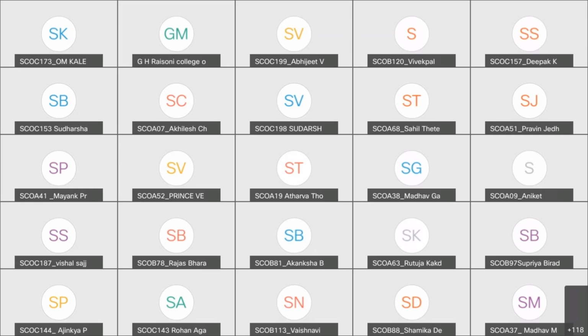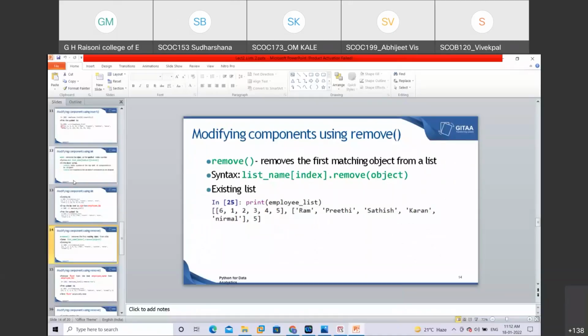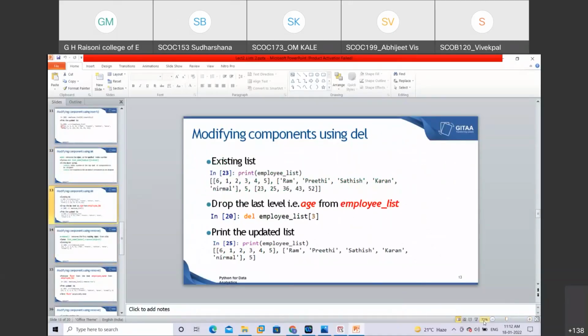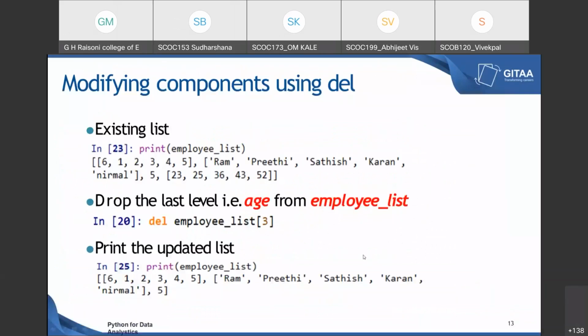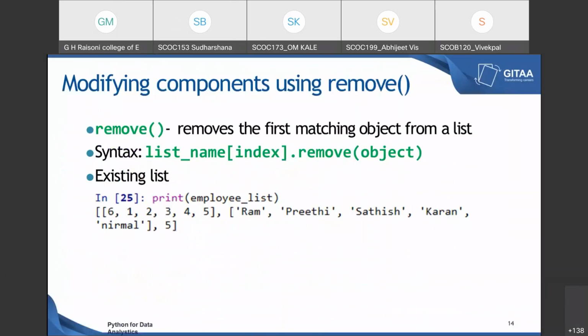If you observe, in the delete operation you can delete the particular element from the list as well as the list of elements also. But in case of remove, you can remove the particular object from the list. That is the difference. Delete operation can be done in two ways: either you can remove a simple element or remove the total list of elements at that particular index position.